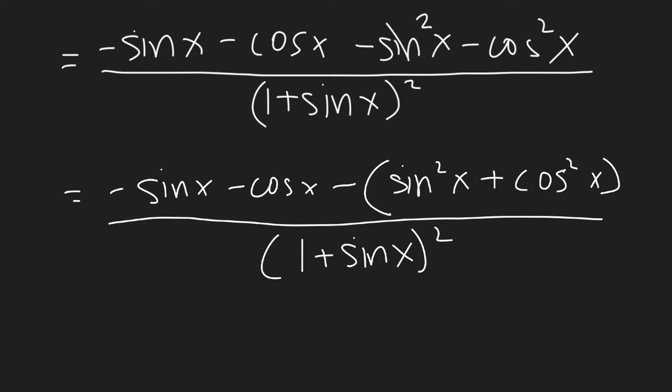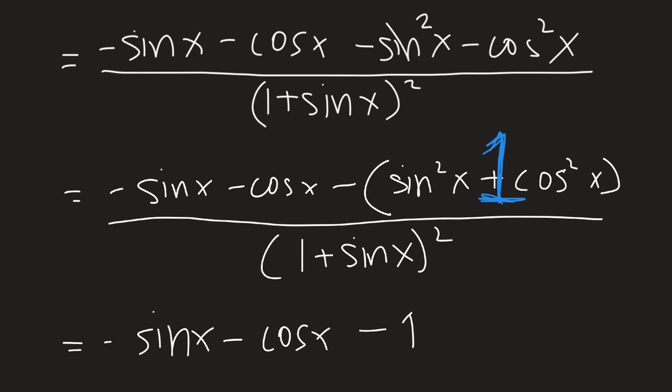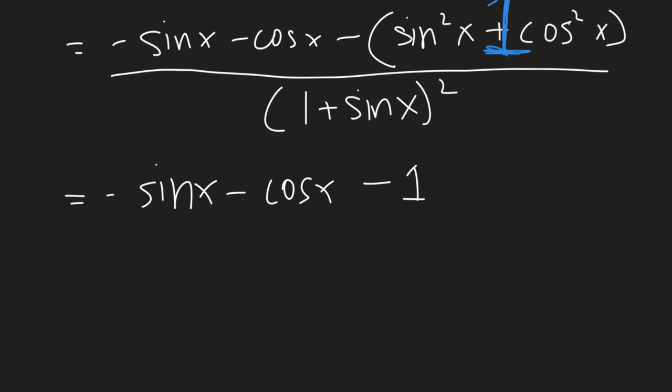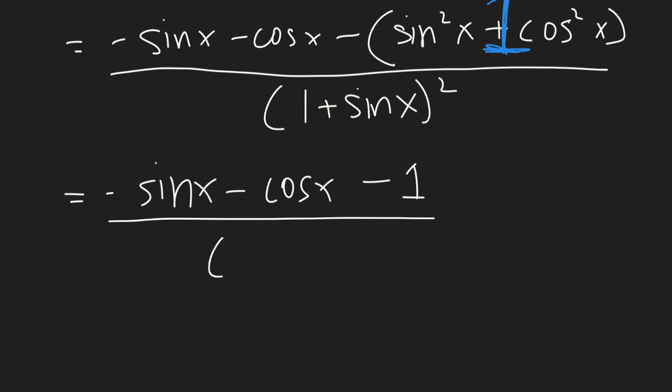Now I can replace sine squared plus cosine squared with 1. So minus sine x minus cosine x minus 1, all over 1 plus sine x squared.